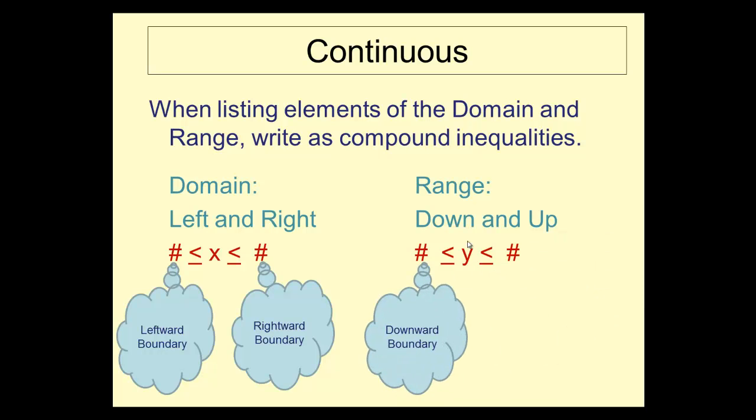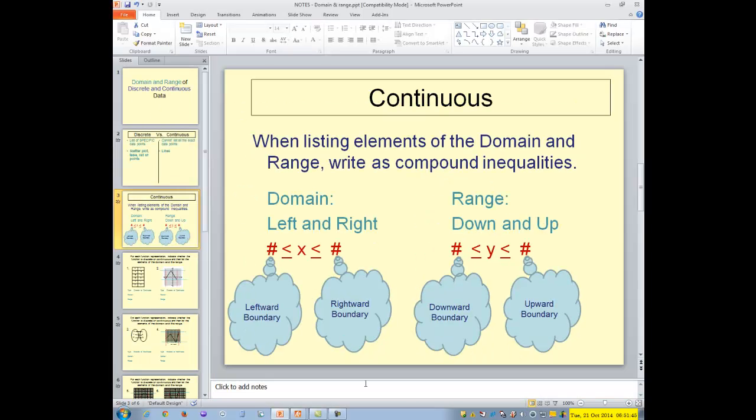And with the range, the bottom boundary is going to be the smallest number, or the downward boundary, and the upward boundary is going to be the largest number. So the downward boundary on the left and the upward boundary on the right. So let's look at some examples now.